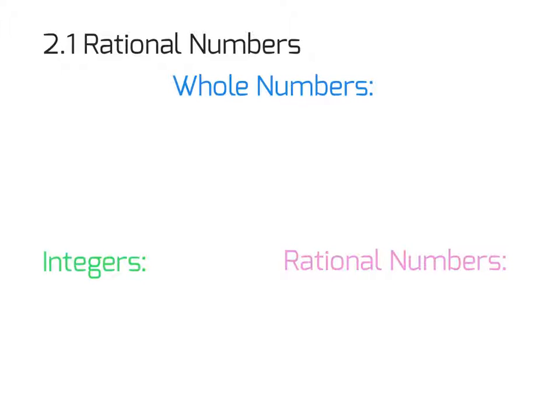All right, we're going to go ahead and start chapter 2 today. That is rational numbers. So we have talked about whole numbers. Those are the numbers that you knew before.